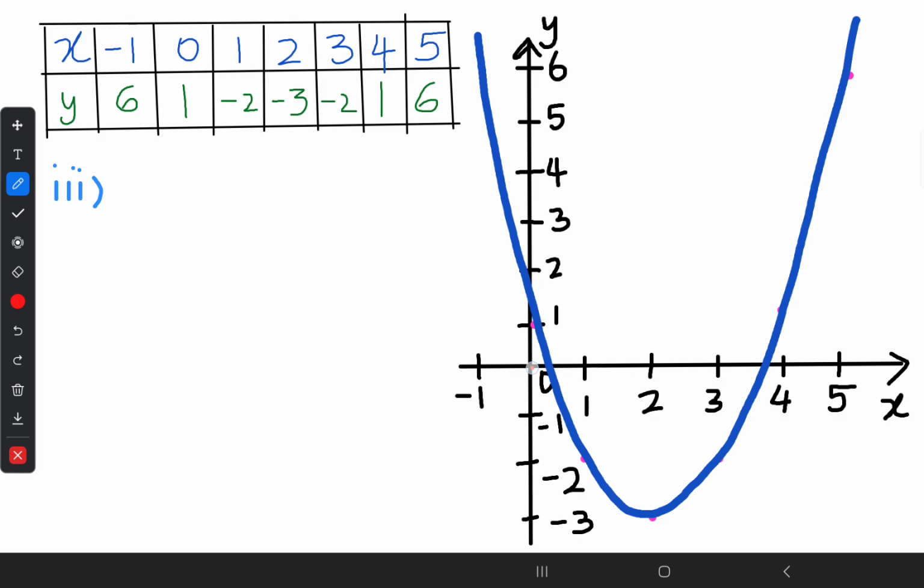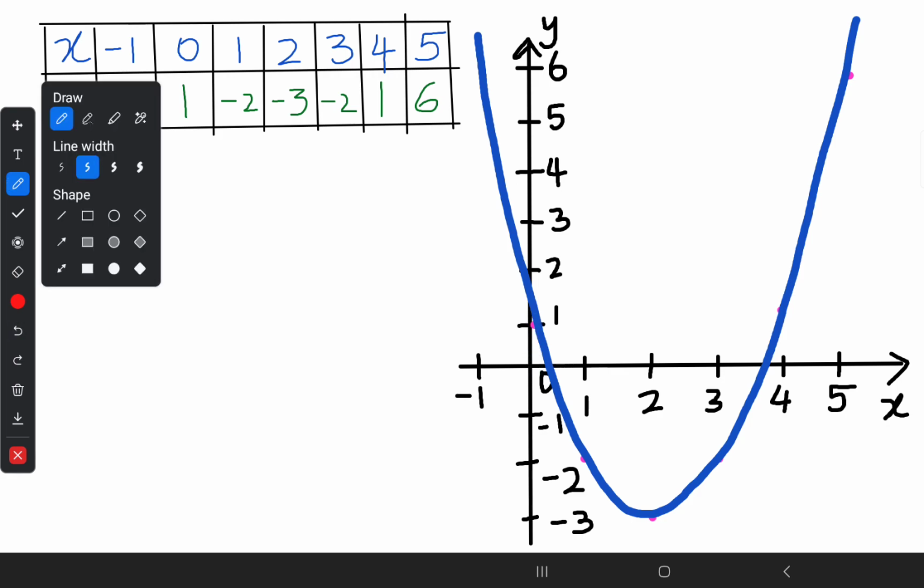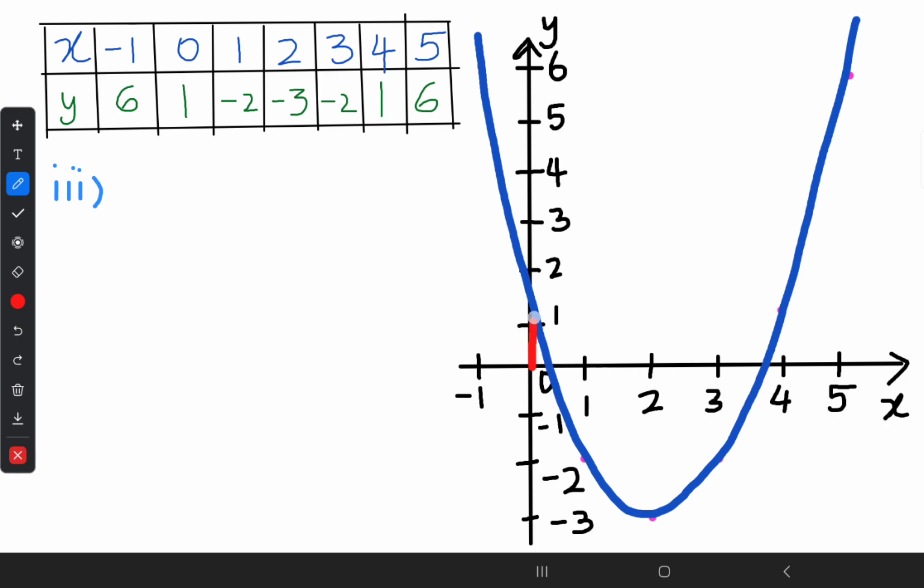When x is 0, y is 1. That's the first thing you should do. When x is 2, y is -3. When x is increasing in this region, the y value is decreasing.